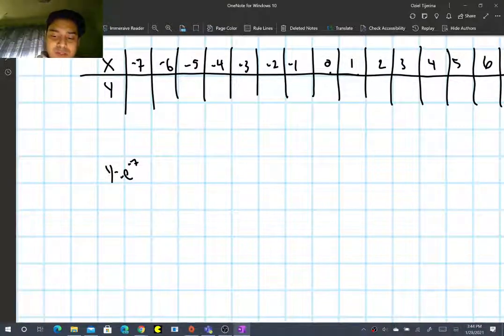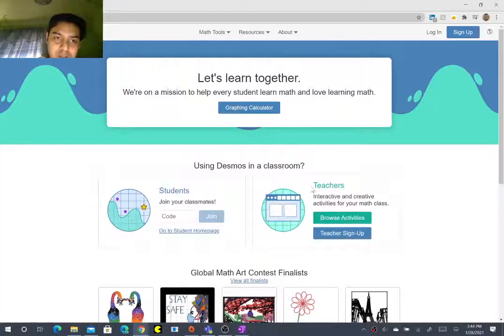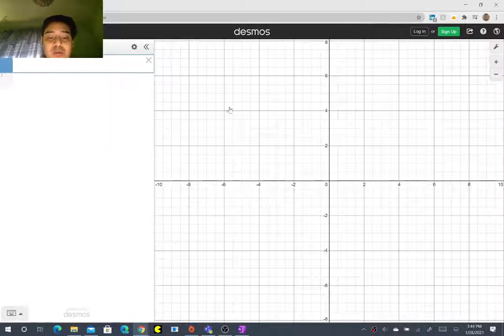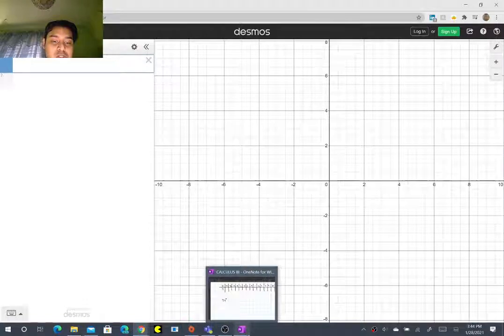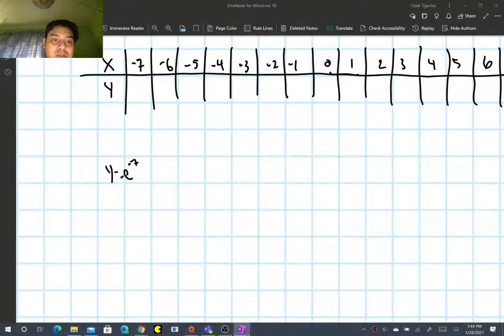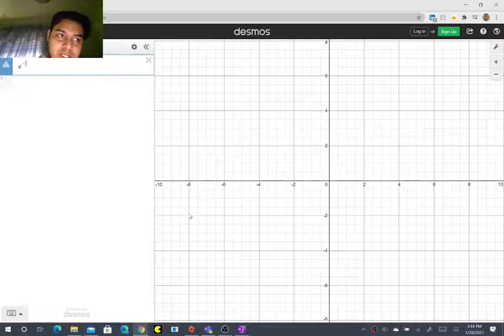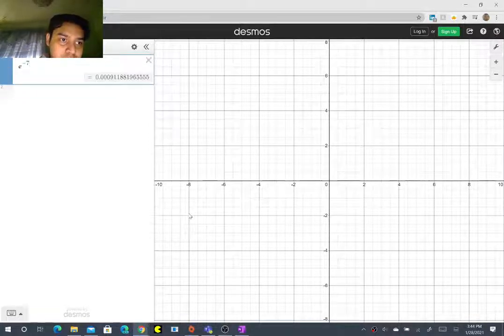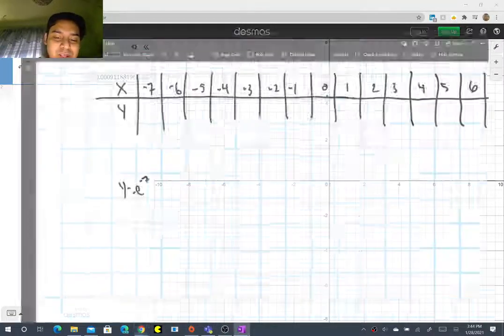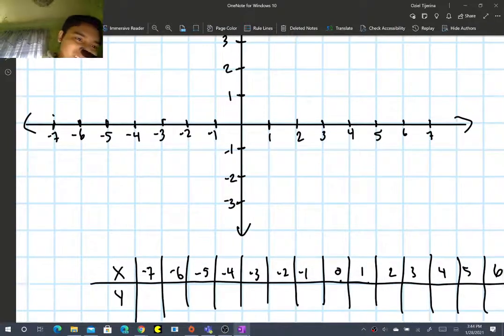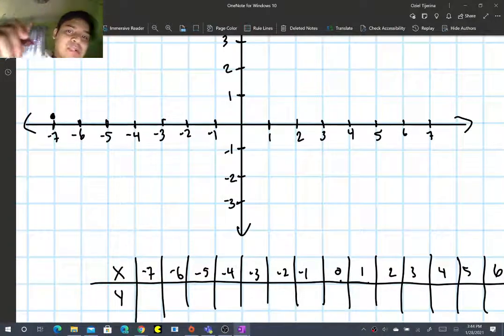Give me 1 second. Okay, so we're gonna use our graphing calculator, not to graph it, but just to plug in numbers. So e to the negative 7, for example, is about 0.0009, so it's very, very close to 0, as you can see. We're just gonna put it right here, okay?